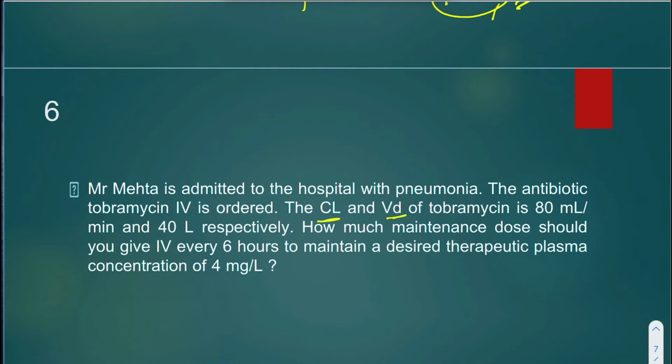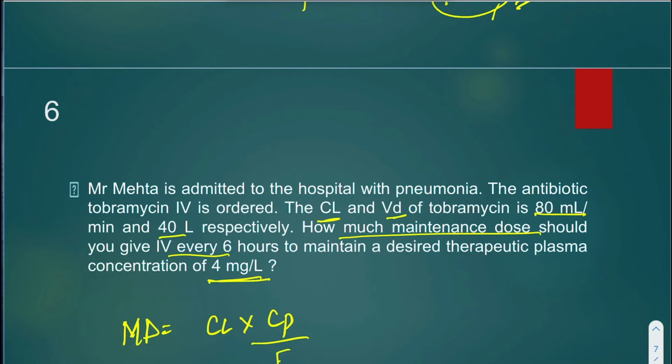Clearance है, volume of distribution same as before, 80 milliliter per minute, 40 liters is your volume of distribution, and यहाँ पे हमें मेंटेनेंस डोज कैलकुलेट करनी है every 6 hours में, to maintain the concentration of 4 milligrams per liter. So loading dose से हमें एक स्टेडी स्टेट लेवल आ चुका है, अब हमने उसको मेंटेन करना है by giving the maintenance dose. So here you have to apply the formula for the maintenance dose. So मेंटेनेंस डोज का फॉर्मूला क्या होता है, इसमें क्लियरेंस का रोल है, not in the loading dose.